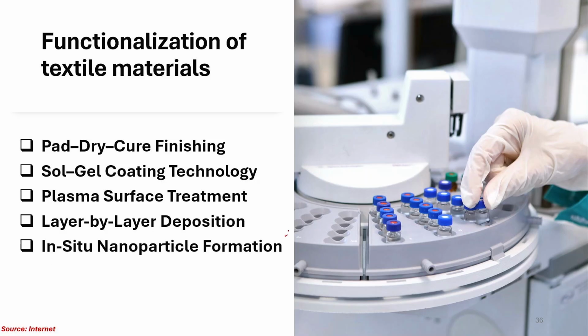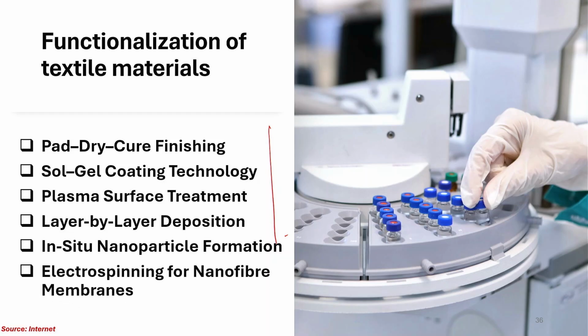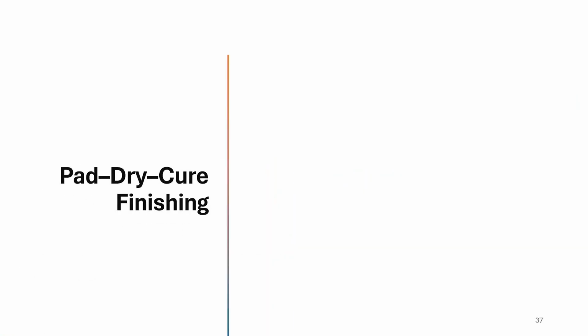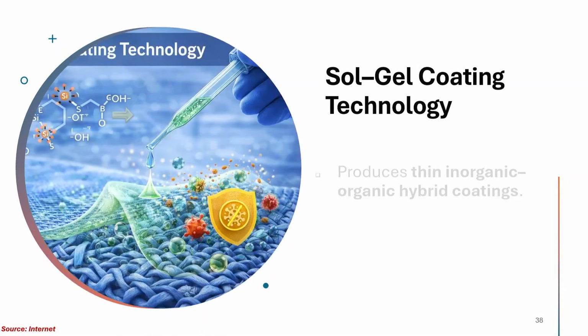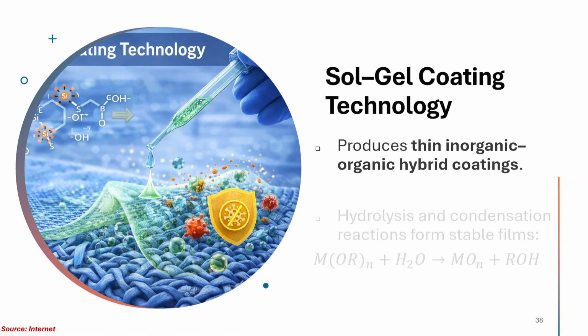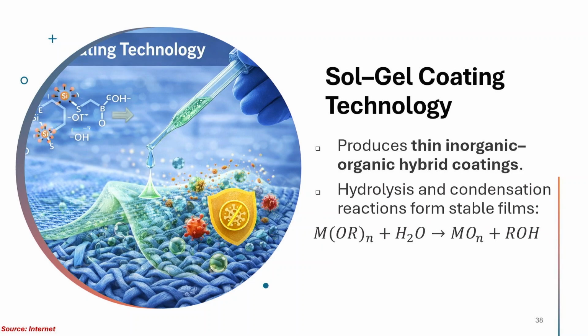This functionalization on the textile surface is done using all these technologies, even electrospinning of nanofiber membrane on the textile substrate. Pad dry cure is a very conventional method. Then sol gel techniques are used, which produce thin organic hybrid coatings.